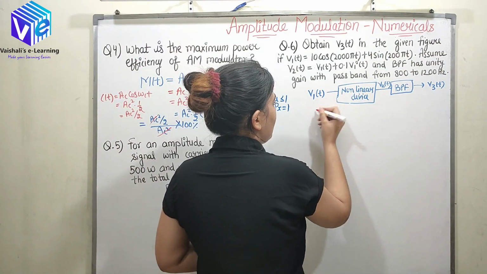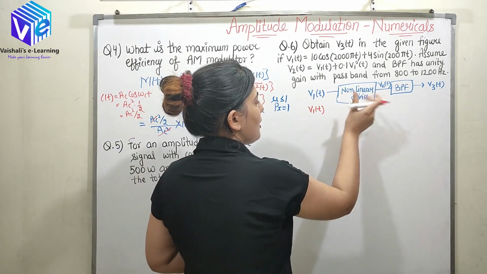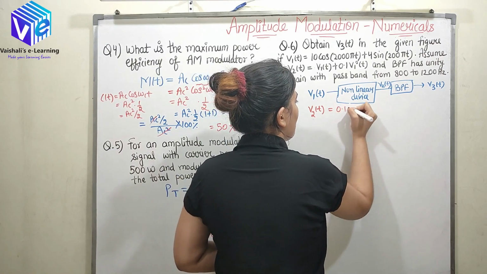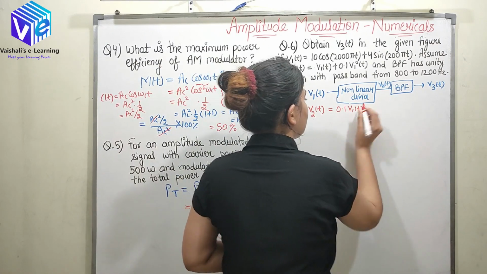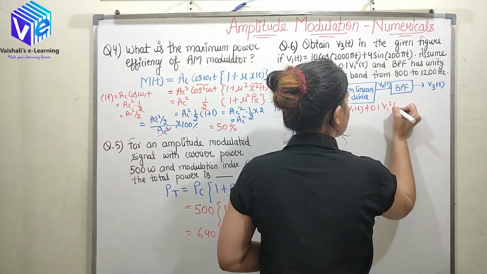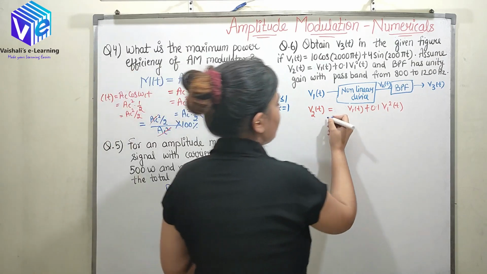So now I need to find out V3. First of all, I will be passing V1(t) through this non-linear device. So first of all, I will be finding out V2(t), which is V1(t) plus 0.1 V1 square(t). Now we'll just put the value of V1(t).